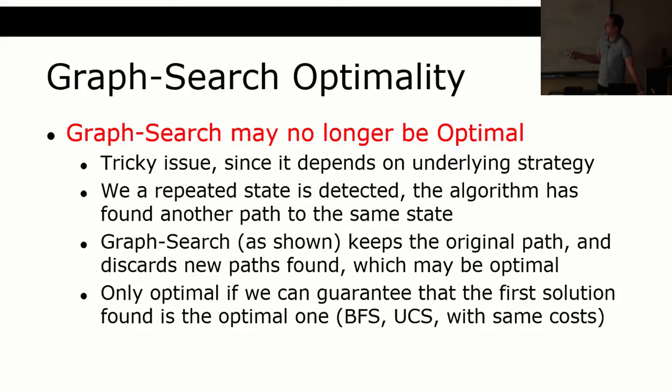But with BFS, it's not necessarily the case unless the action costs are the same, right? So if I ask you, hey, graph search with the closed list may no longer be optimal, when is it actually still optimal? So that's a problem. It still maintains the completeness property, but it may not be optimal.